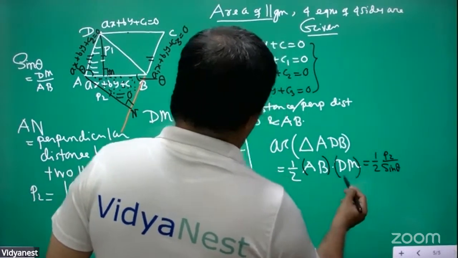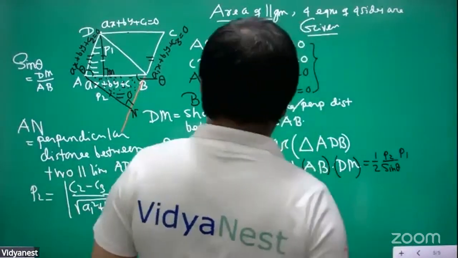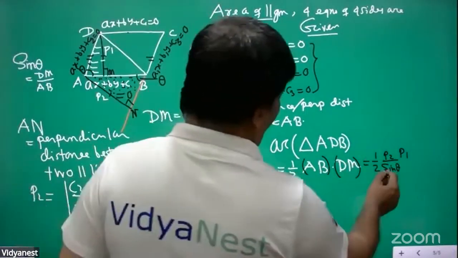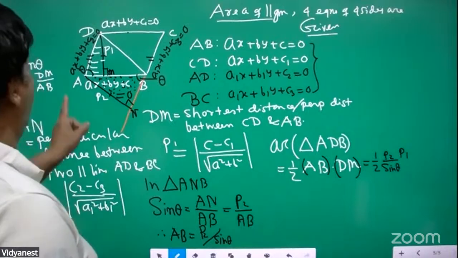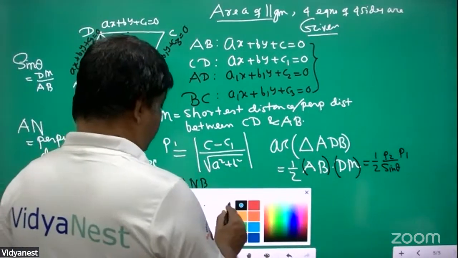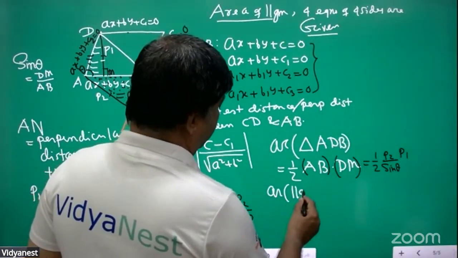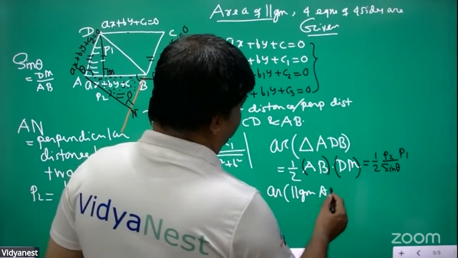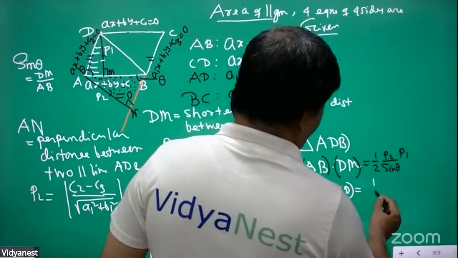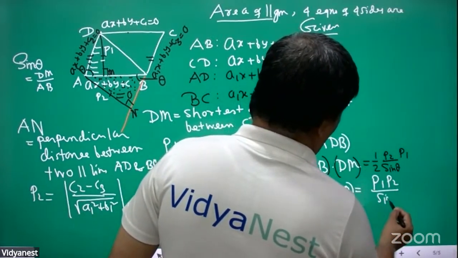And instead of DM, I can write P1. So, area of the triangle ADB has become half P1 P2 by sin theta. So what about the area of parallelogram ABCD? It will be twice of this. So this is the area of the parallelogram you can find.